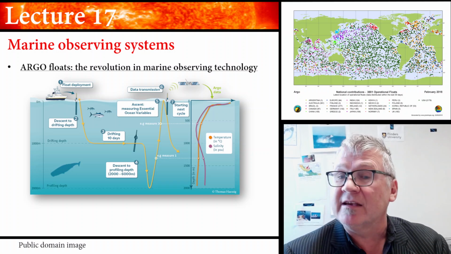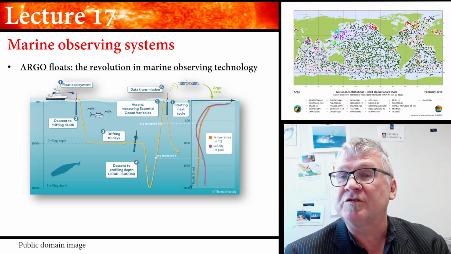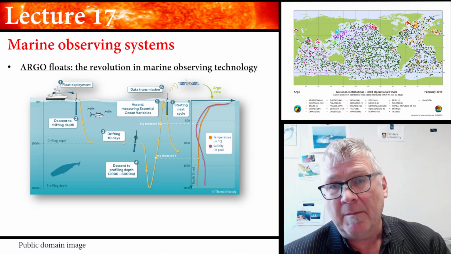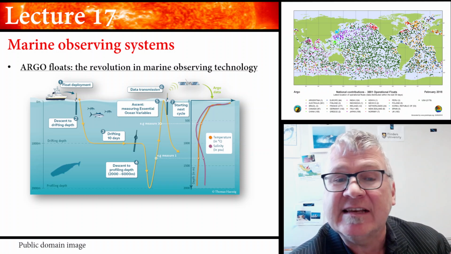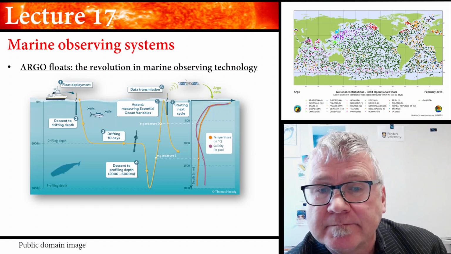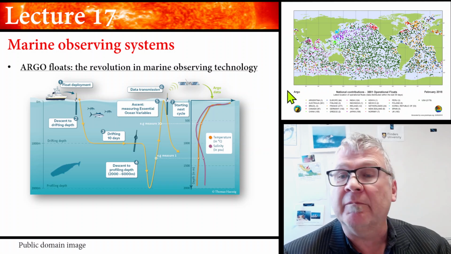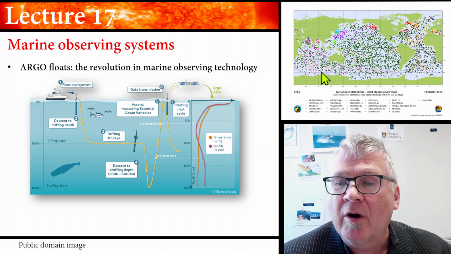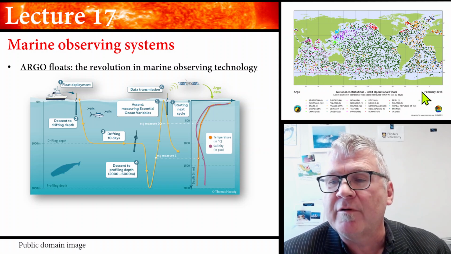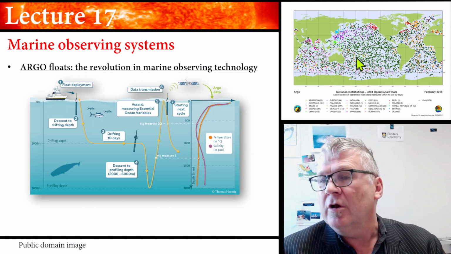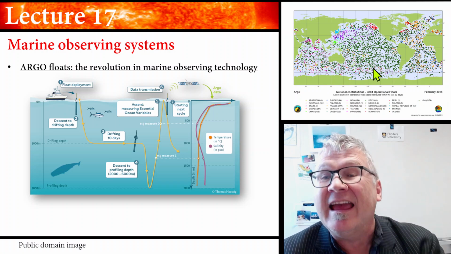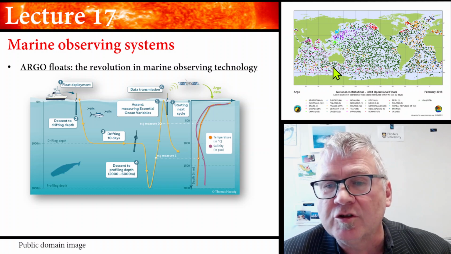But there are also examples of Argo floats which have biochemical sensors on them. Okay? All right. And here above my head, showing you a map of, and this one is for February 2018, one example of the locations of Argo floats in the world ocean.